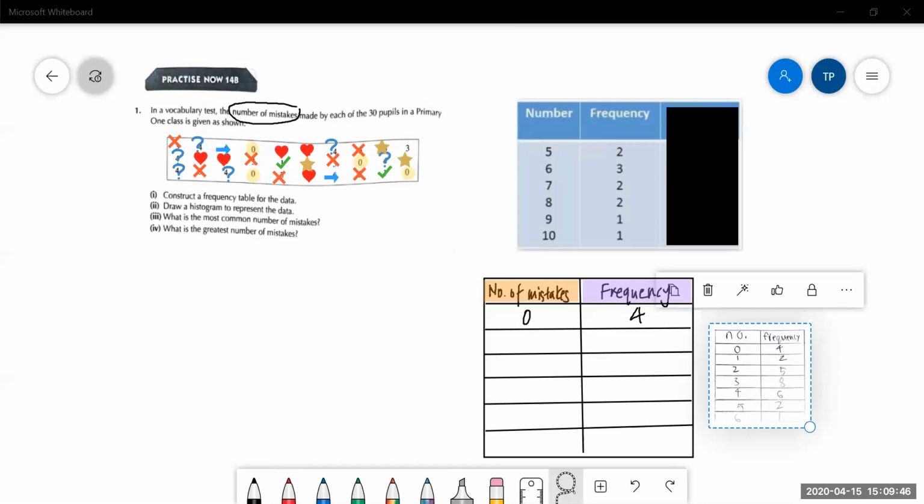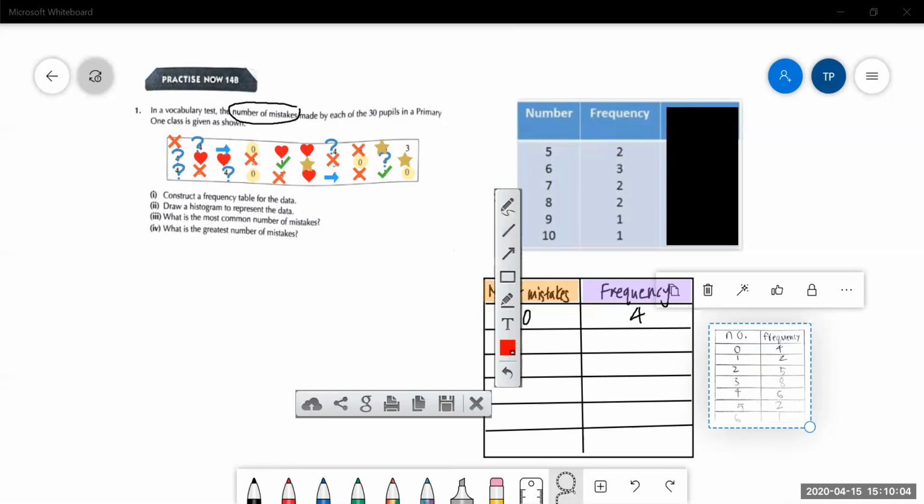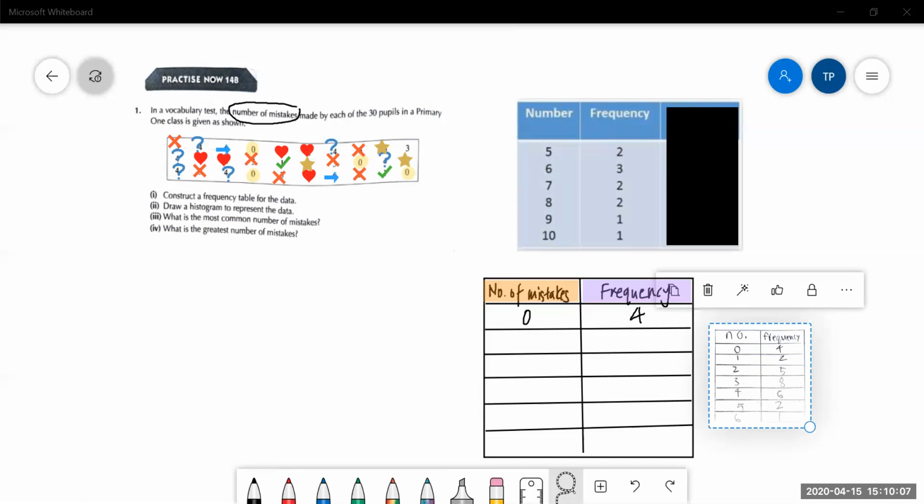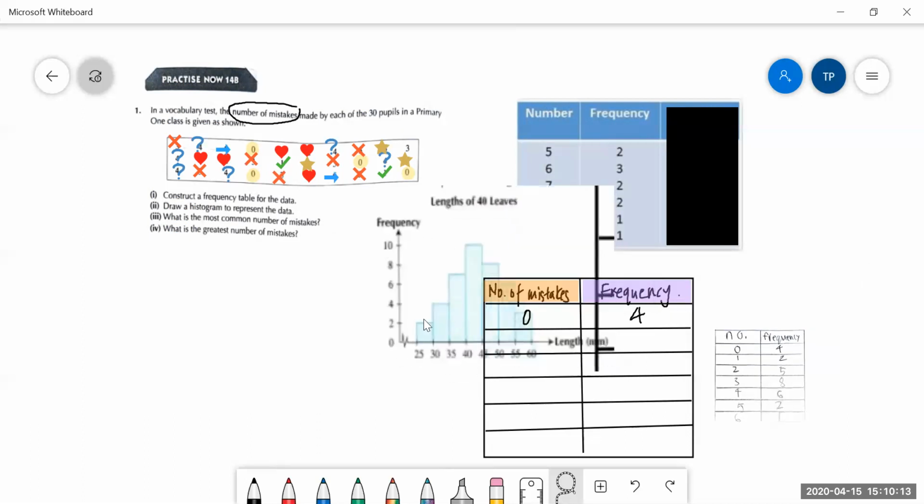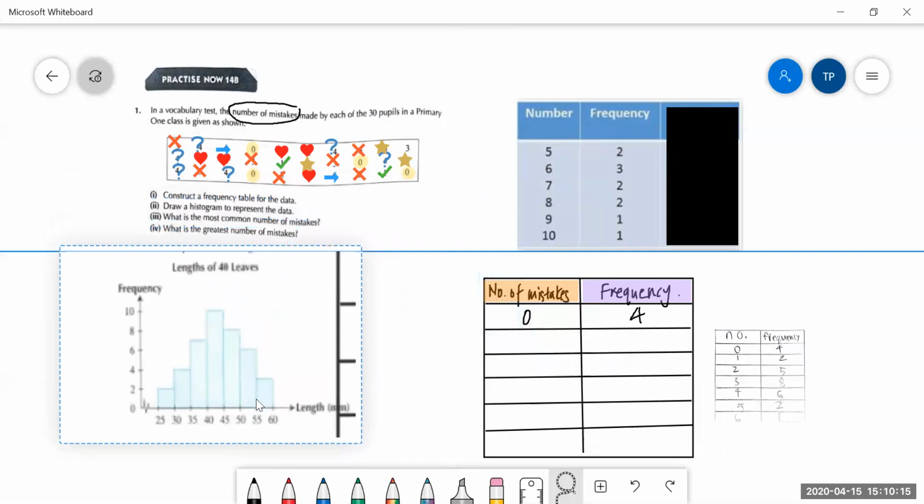Let me find you a nice histogram in the textbook. Yes, the one at the bottom is a histogram. Yeah, this is a histogram.